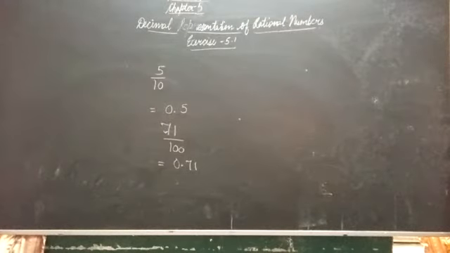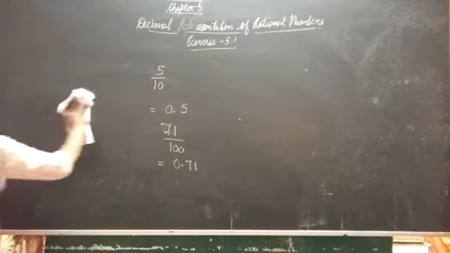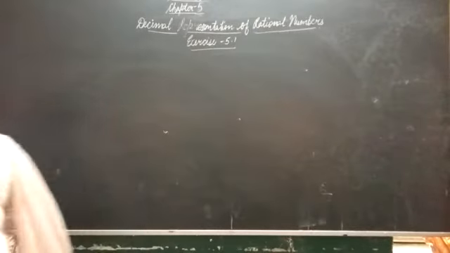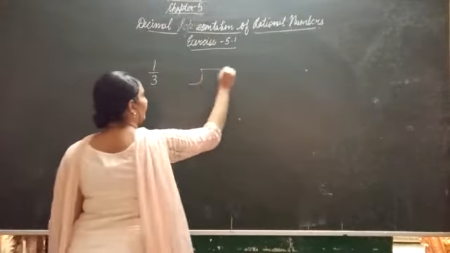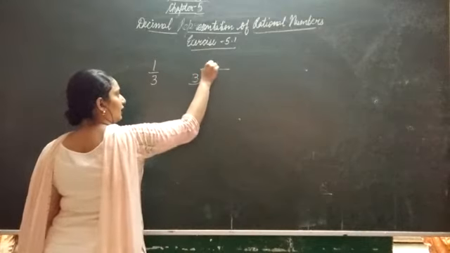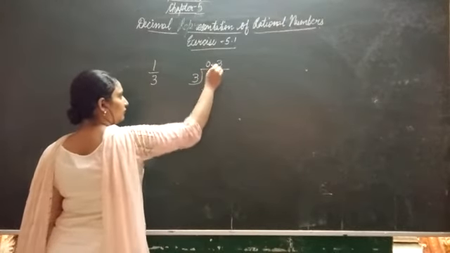Next, we have two types of decimals: terminating decimals and non-terminating decimals. The rational numbers in which the division process does not end. Suppose we take 1 upon 3. If we divide it, it will go on 3, 9.